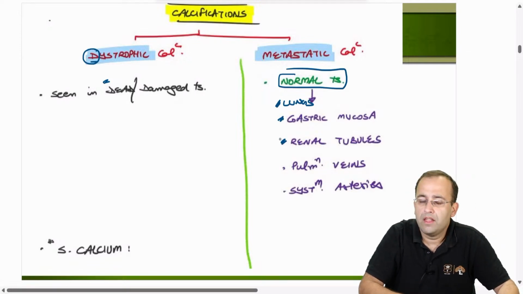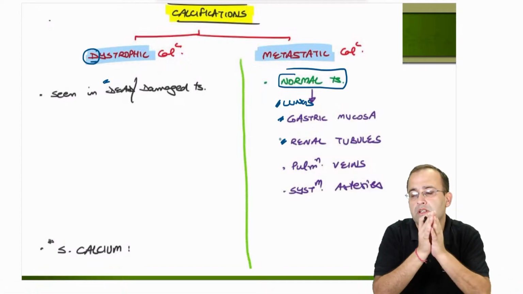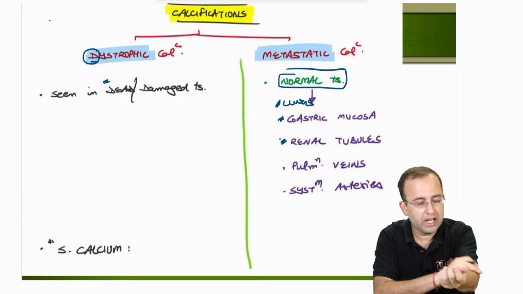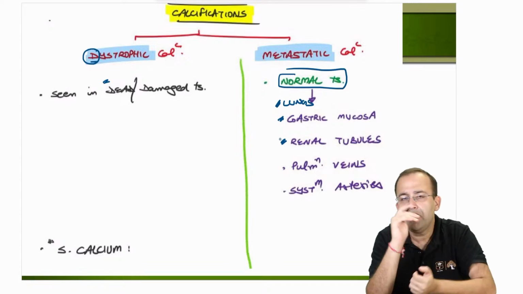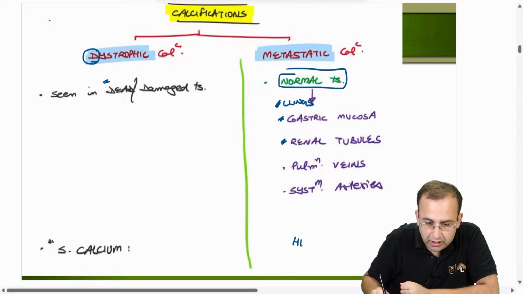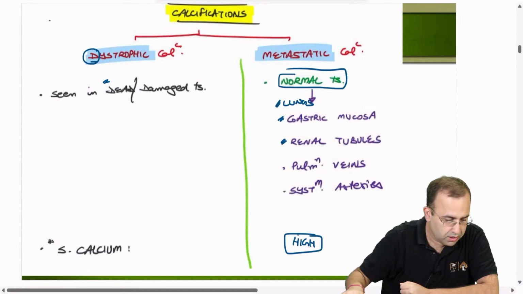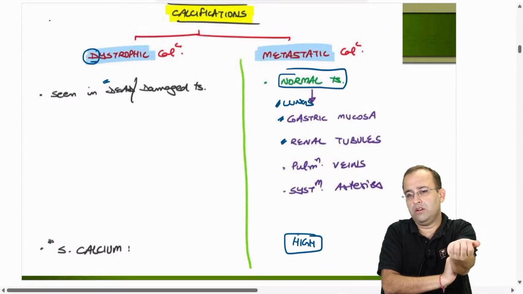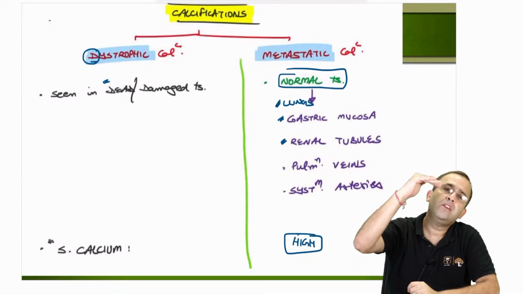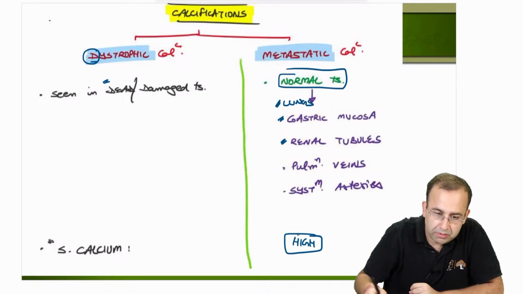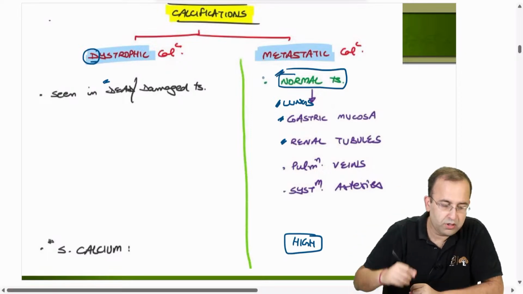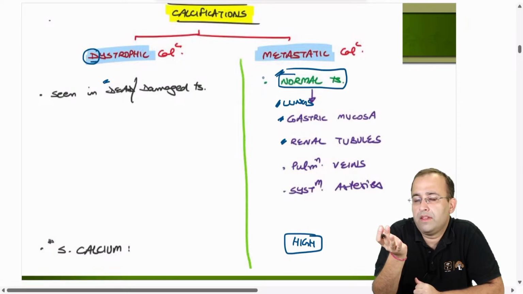First class. Next important point, serum calcium. Calcium levels in metastatic calcification are high. Look children, very obvious. Calcium in the blood was high. That is why it goes and gets deposited in normal tissue.